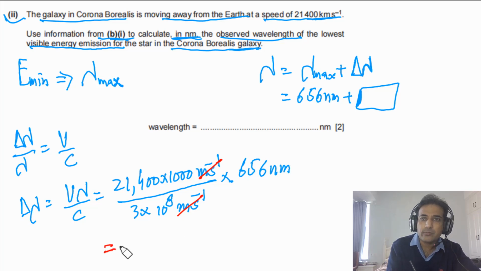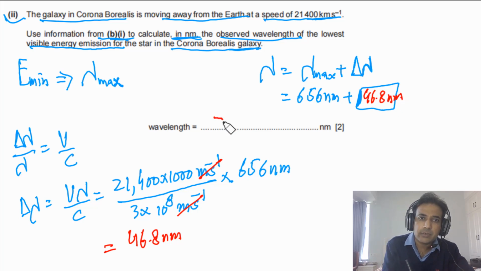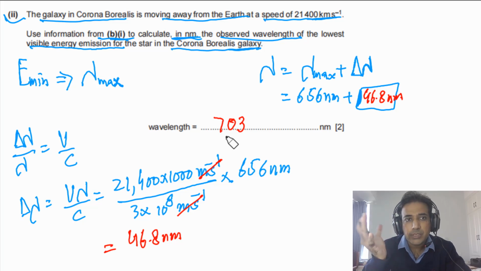Now if we solve this one, we will get 46.8 nanometers. So we can write it here, 46.8 nanometers. So our answer, up to 3 SF, is 703. So this is how we can answer the question.